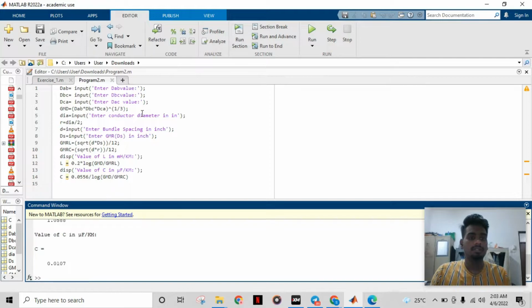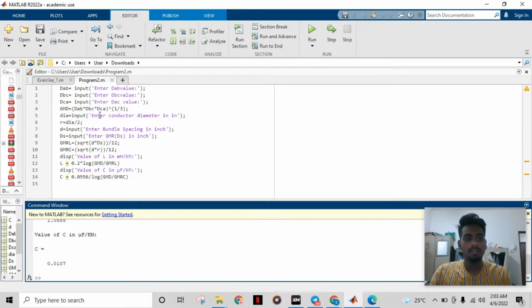We have coded this into MATLAB. As we can see here, for DAB we need to enter the DAB value, for DBC we need to enter the DBC value, and for DCA we need to enter the DCA value. For the GMD, the formula is DAB times DBC times DCA, all to the power of 1 over 3.